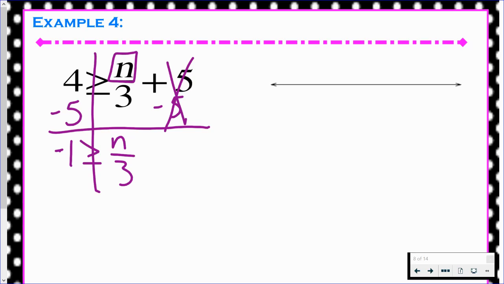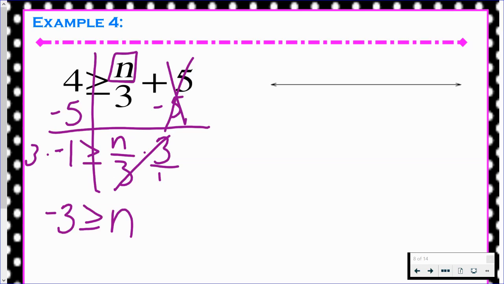Now I have n over 3, so I'm going to multiply both sides by 3, or 3 over 1, whatever works best for you. And 3 times negative 1 is negative 3.